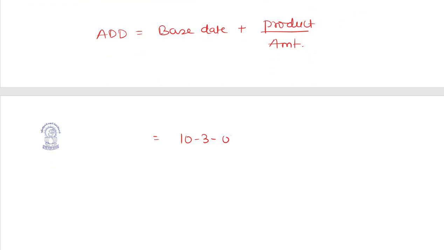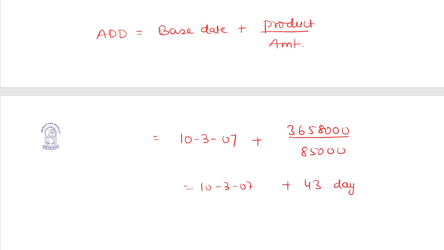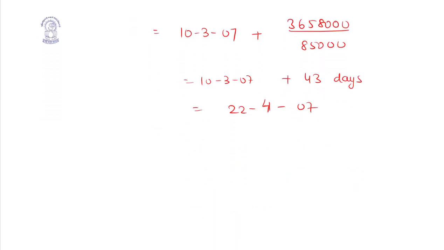Base date is 10th March 2007 plus product divided by amount, which is 43 days. So 22nd April 2007. This is the average due date.